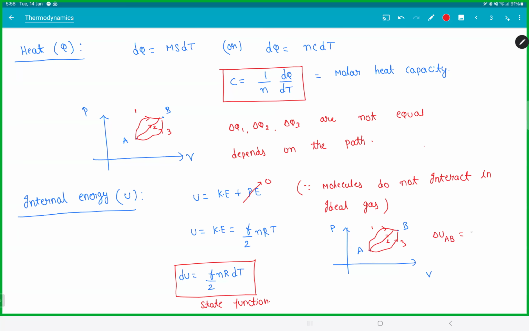The delta U AB will be f by 2 nR (TB minus TA), independent of the process. It does not depend on the path. So if you say I'm going from A to B, you need not ask how you are going. Delta U will be the same. This is a state function, or it depends only on the initial and final state.